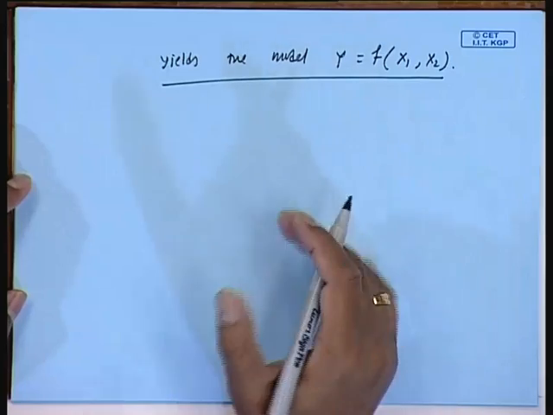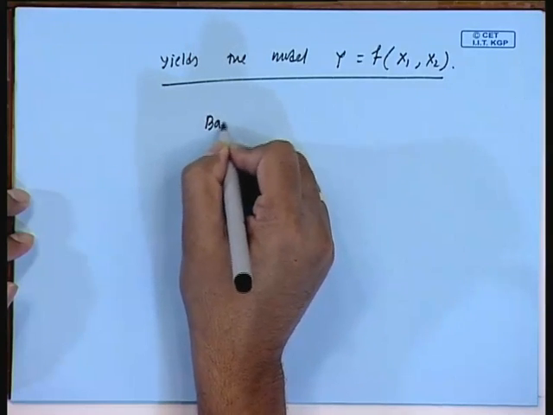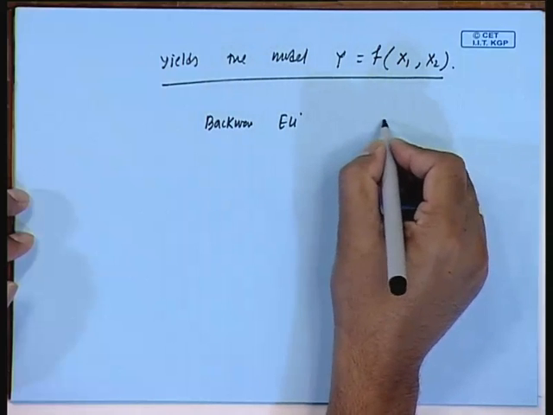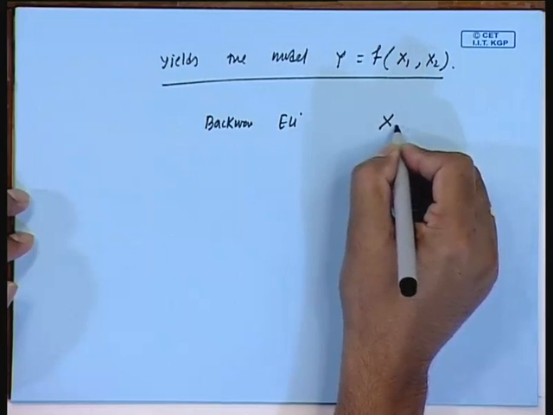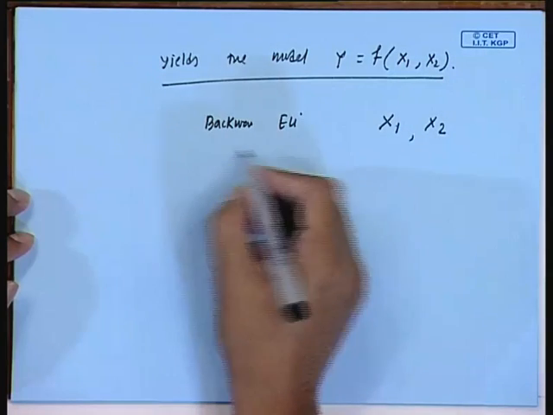So, this is the result of stepwise selection. Now, I just want to mention that the results of the different selection algorithms are different. If you can recall the backward elimination, the final model involved x1 and x2.